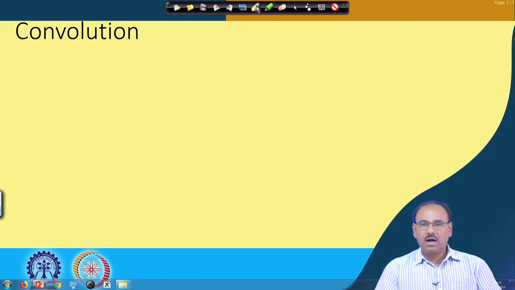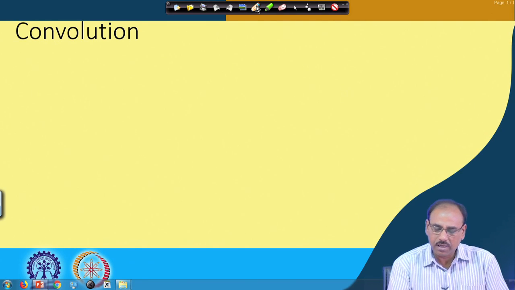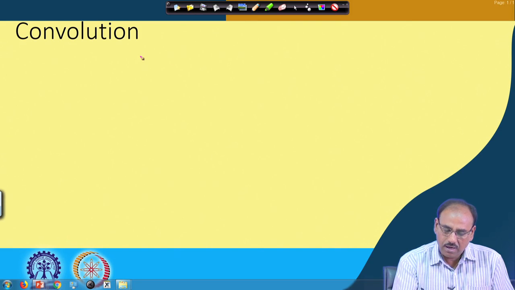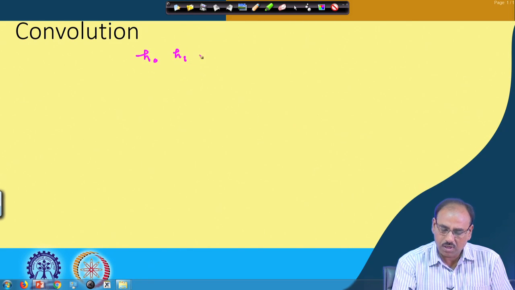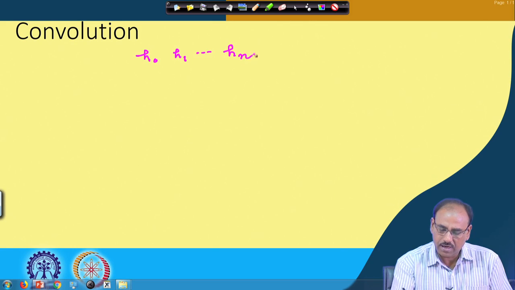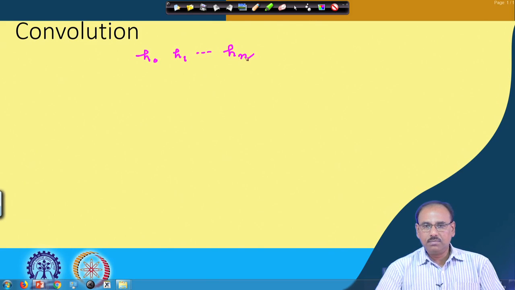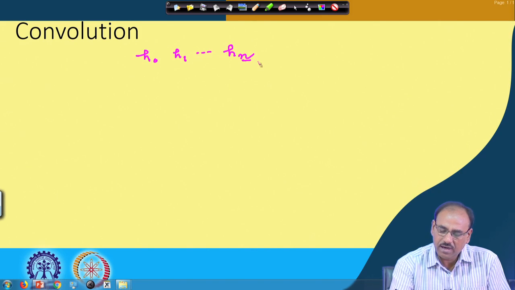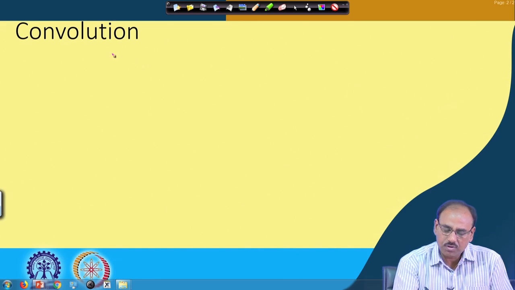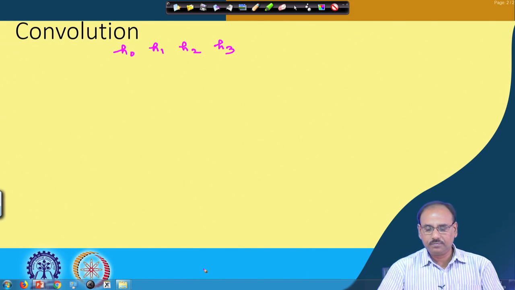We take a discrete system where the impulse response is h0, h1 up to hn. Let us assume the impulse response is finite, with n equal to 3. That means the impulse response is h0, h1, h2 and h3. This is the impulse response of the system.